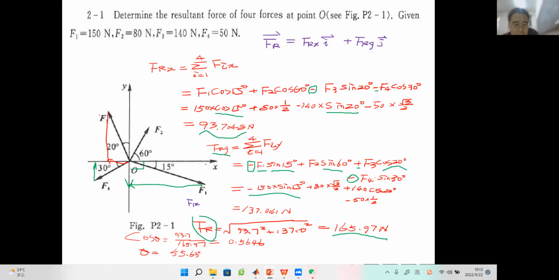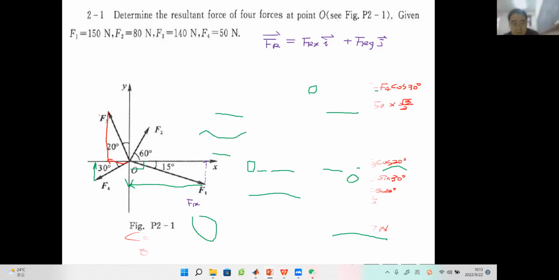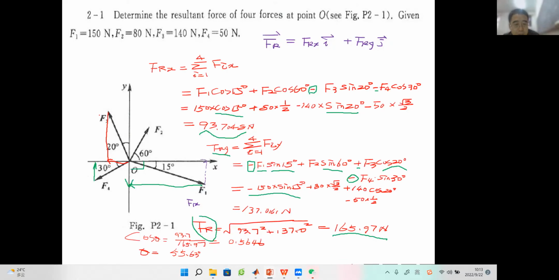You can think about it this way: we push this point along this vertical line, which is perpendicular to the x direction. This will be from O to here, and this is what we want to find, F1x.